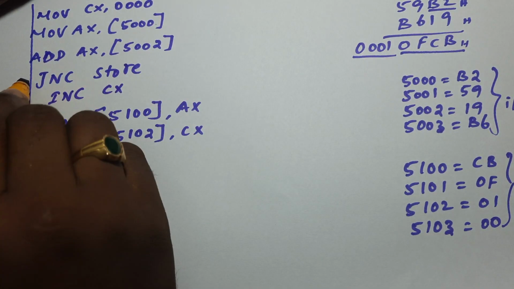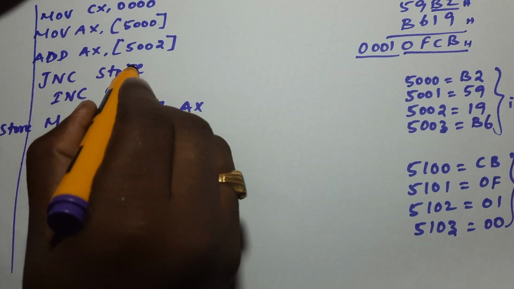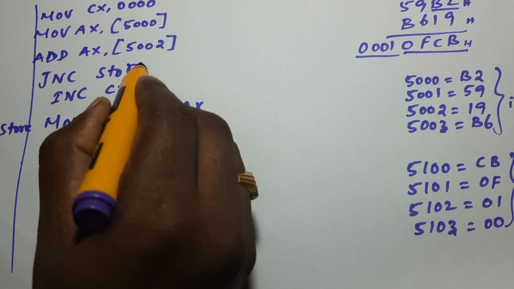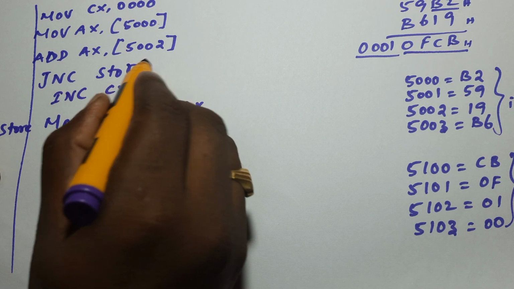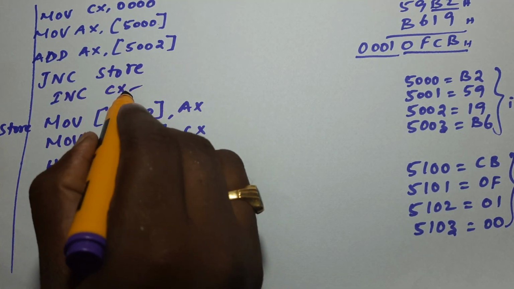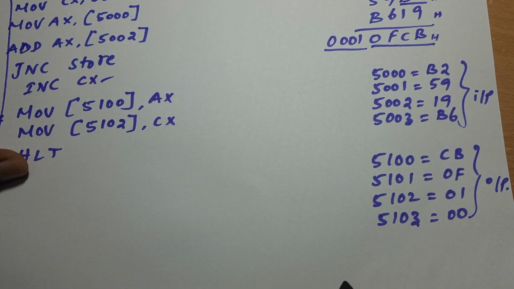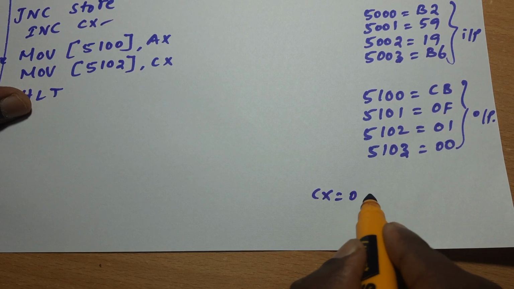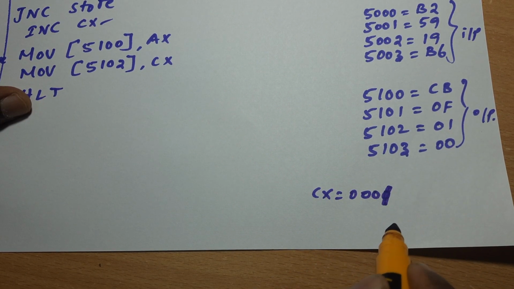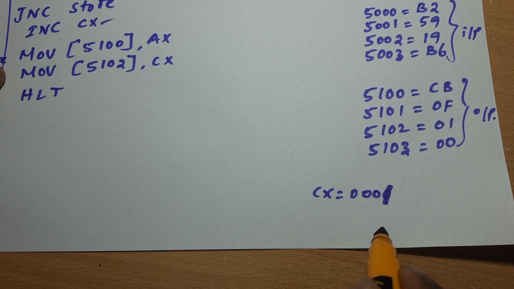So this instruction will not be executed. If this instruction is not executed, what will happen? Automatically this instruction will be executed. Increment CX in the sense the CX register value is incremented. Initially we have 0000 in the CX register, now it becomes 0001.